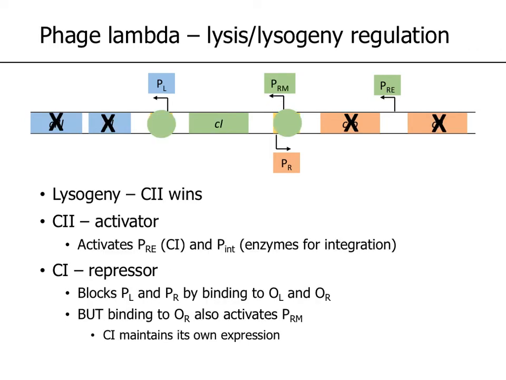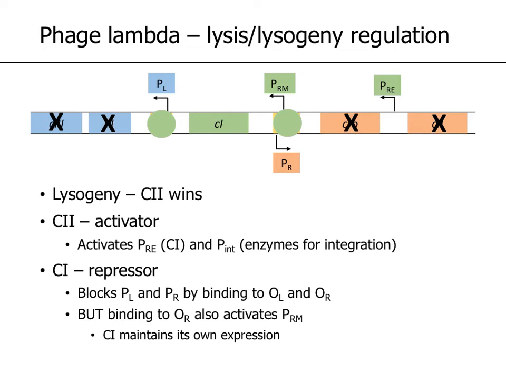All right, so in the case of lysogeny, obviously C2 is going to win. C2 is an activator. It activates the promoter PRE, but it also activates something that's not on this picture, PINT.